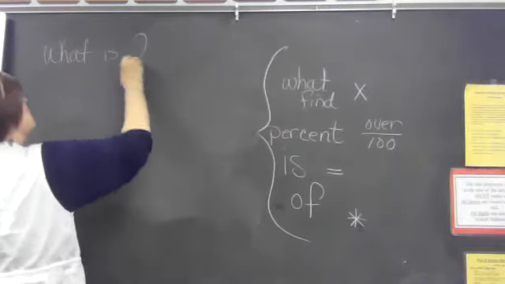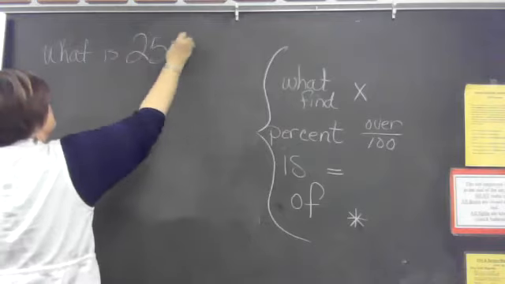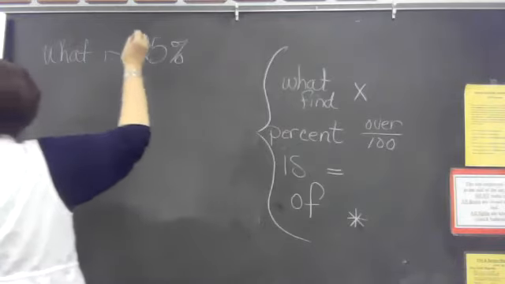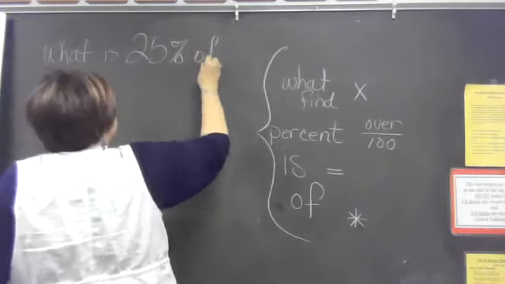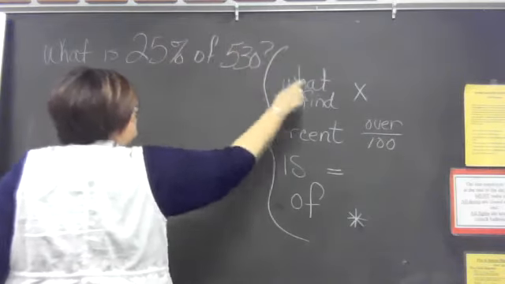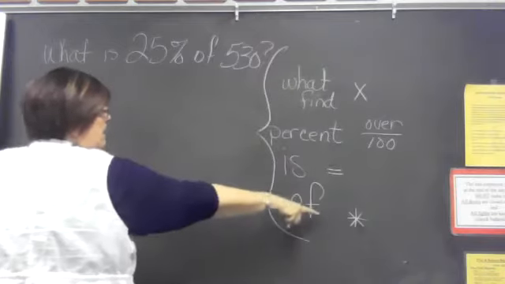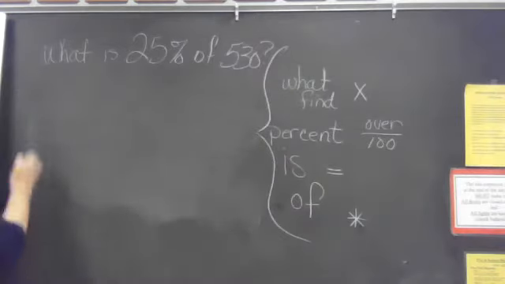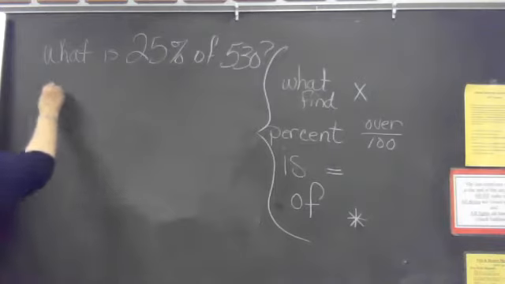What is 25% of 530? Use these same main vocabulary words. When I say what, it's what.